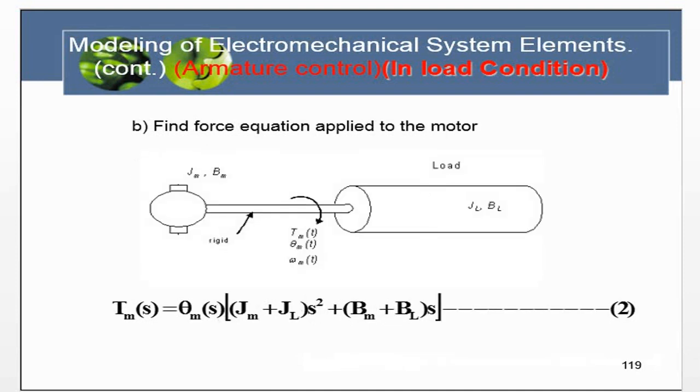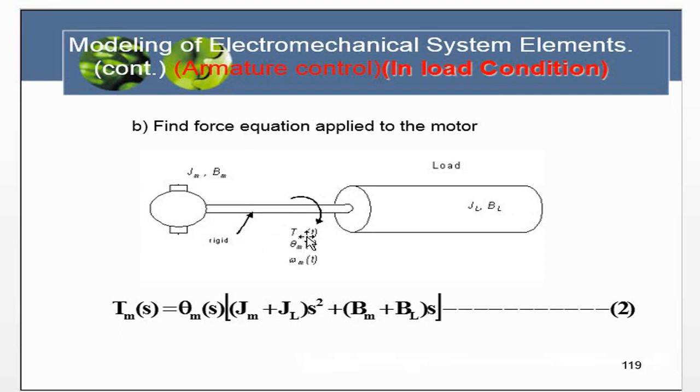Okay, next we look at the mechanical side. On this mechanical side, there are Jm, Bm, and the shaft is rigid, and to move the load, the motor should produce torque.